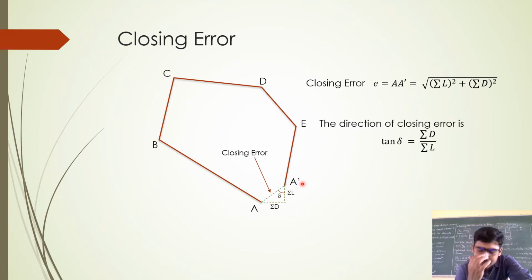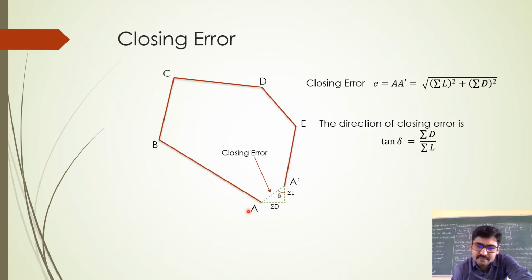So you have understood what latitude and departure are. When you have a line in a certain quadrant, the projection of that line on the meridian, that is the assumed meridian, is called latitude, and the projection of that line on the line perpendicular to the meridian is departure.